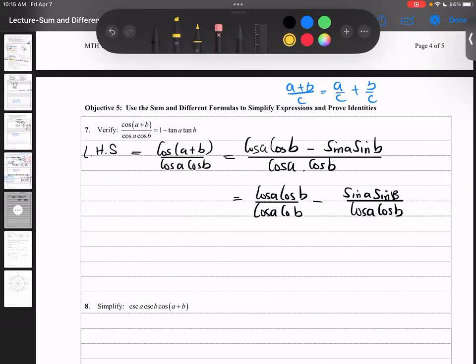The first fraction is 1. Sine A over cosine A, that's tangent A, right? Sine B over cosine B, that's tangent B. I think I'll leave it like that.